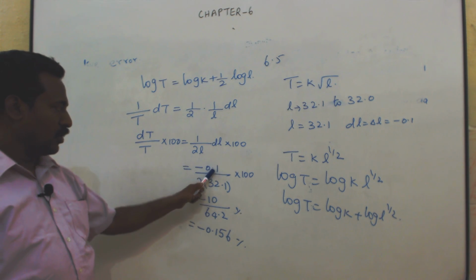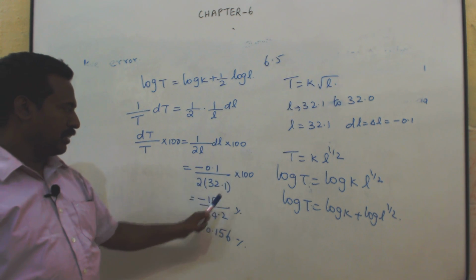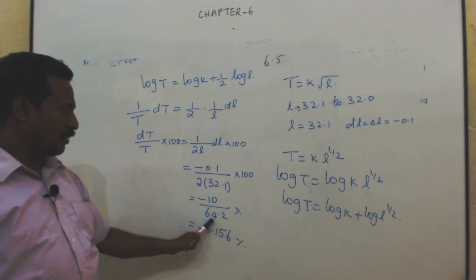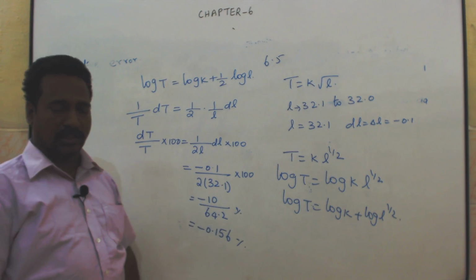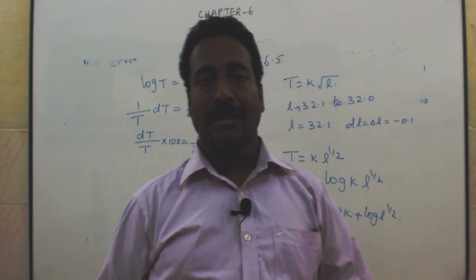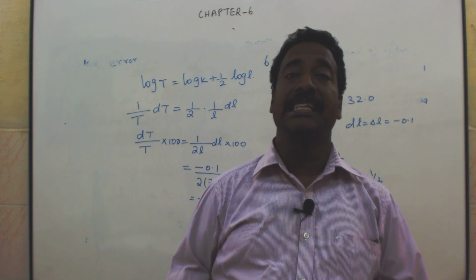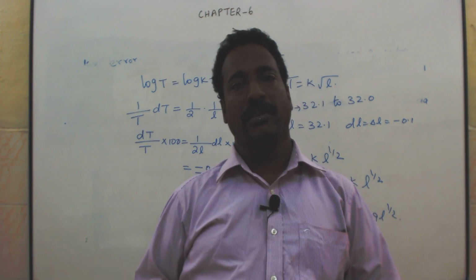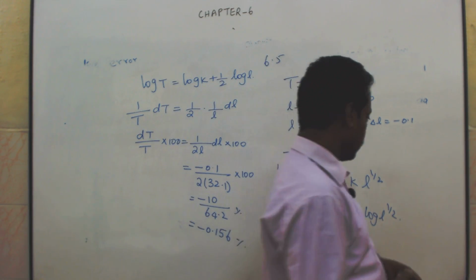Minus dl value 0.1, 2 into 32.1 into 100, minus 10 divided by 64.2, you will get minus 0.156 percentage. Finally, you will write the conclusion: the percentage error is decreasing at the rate 0.156 percentage.